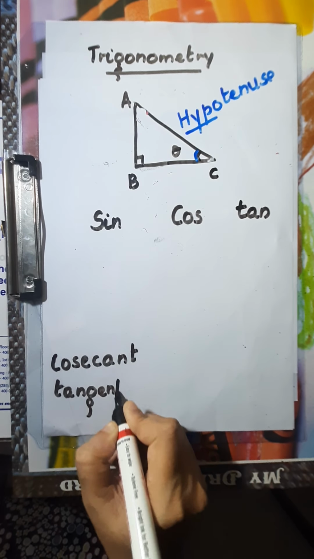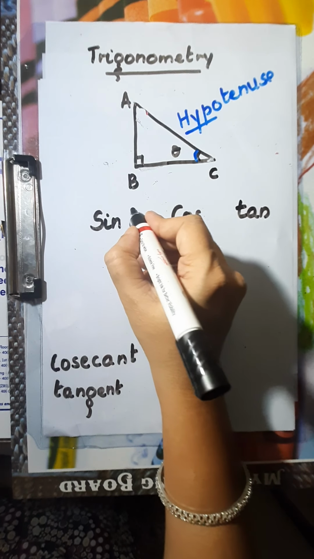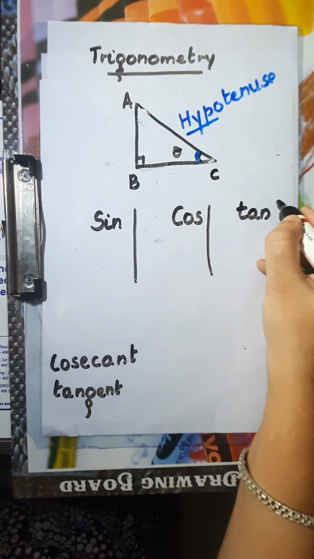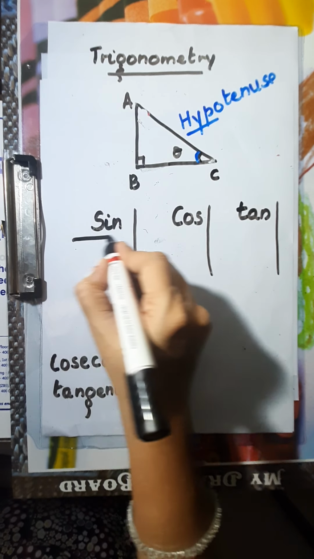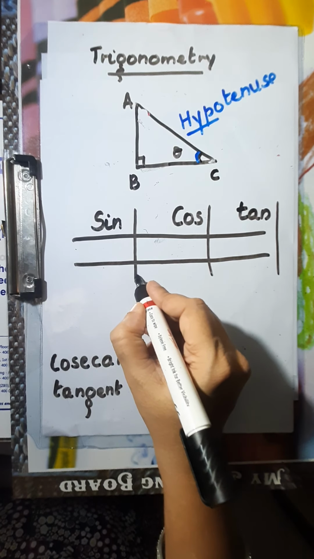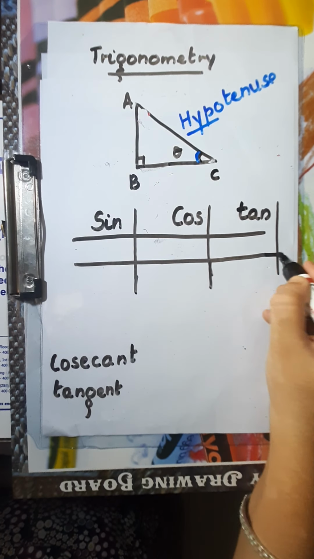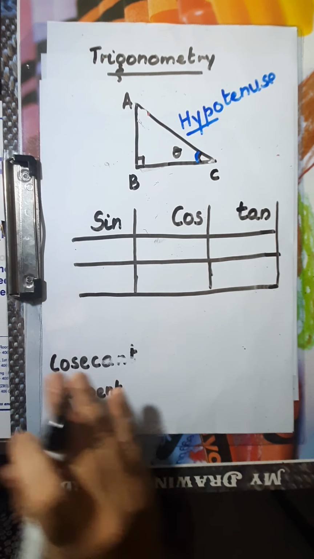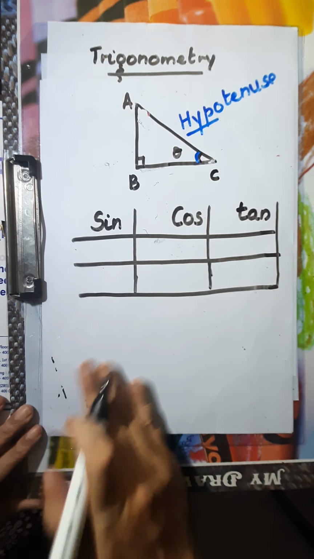Now, how do I remember what is sine, what is cos and what is tan? For this I need to remember one age-old hero of mine, Hrithik Roshan. He's my age-old hero, so I'll remember him.